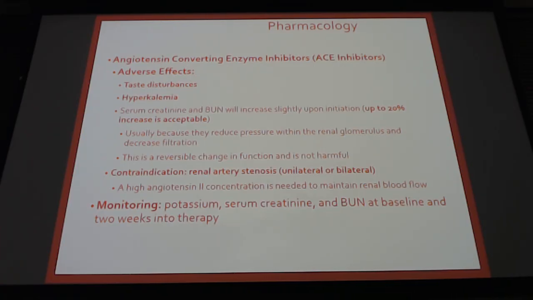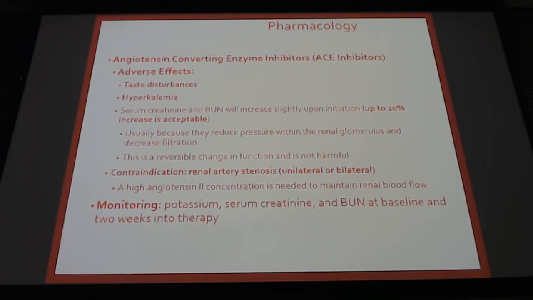So think about it as essentially increasing the pressure to force it through there, because if we vasodilate, that pressure is going to drop further in that small vessel, if we get it vasodilated enough, because we may not be able to because of the stenosis. So we would be essentially harming the patient because their GFR would be decreased no matter what we do, right? So we're trying to keep their pressure up to keep that flow going through the glomerulus, okay? So that's the idea behind this contraindication.